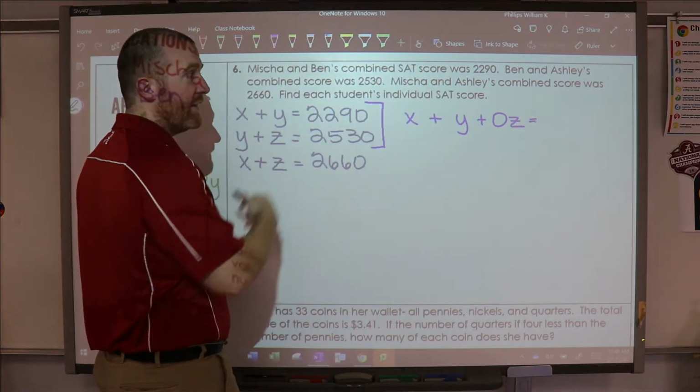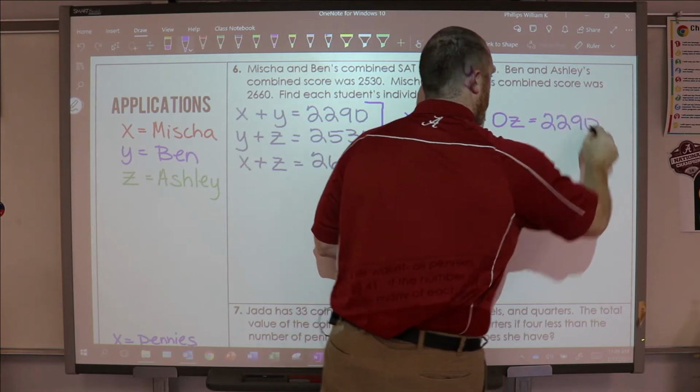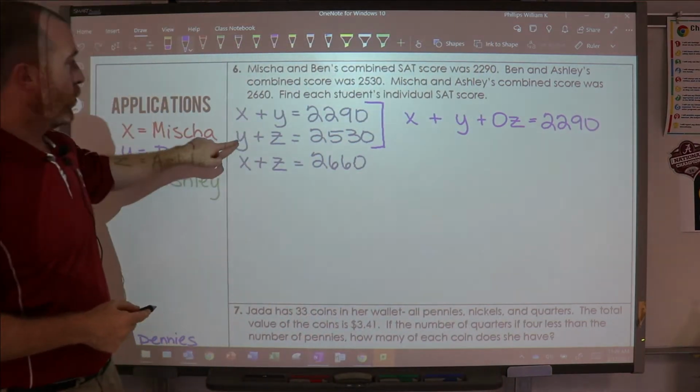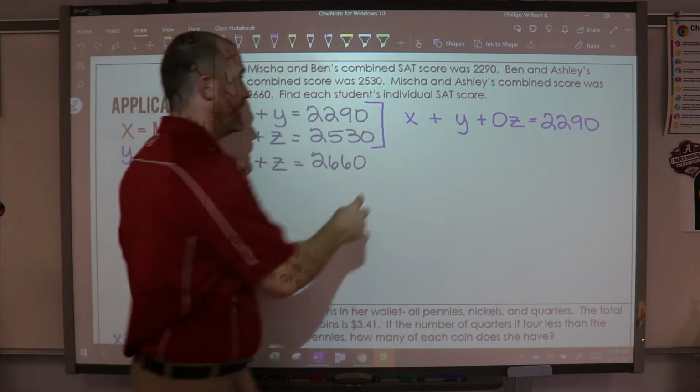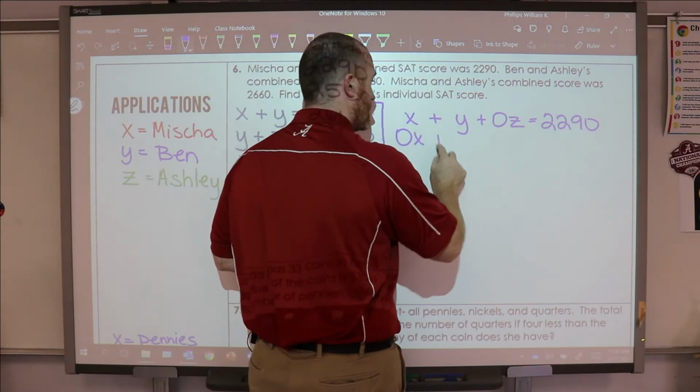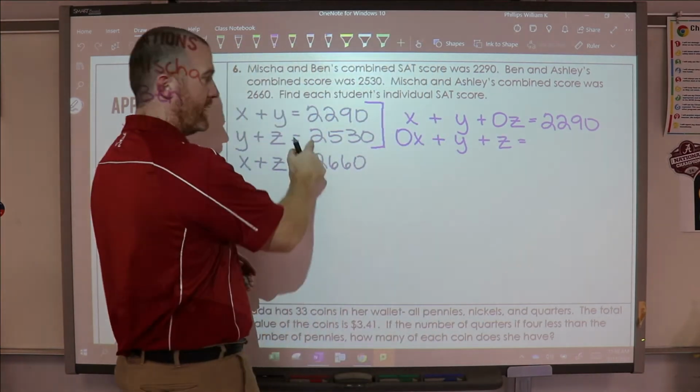So if I add these scores, that's going to give me 2290. And then I can still use the bottom. So Y plus Z, well, how many X's are there? There are 0 X's. So I could say 0X plus Y plus Z. This is going to give me 2530.